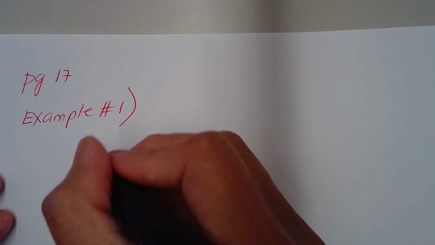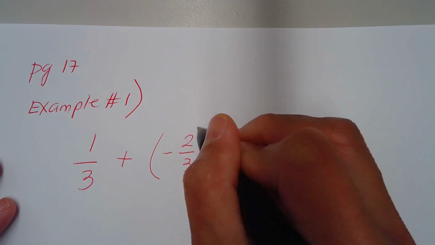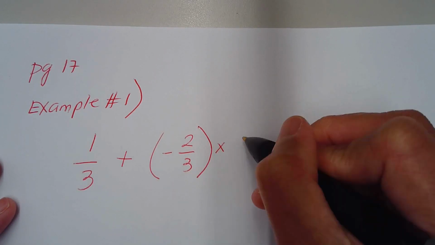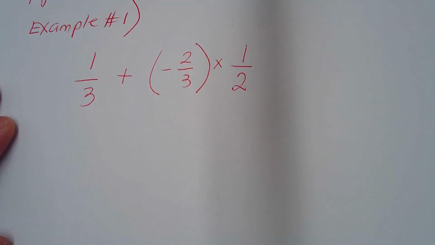I'll do it on the white sheet, but this is the example 1 on page 17. It says 1/3 plus -2/3 times 1/2.